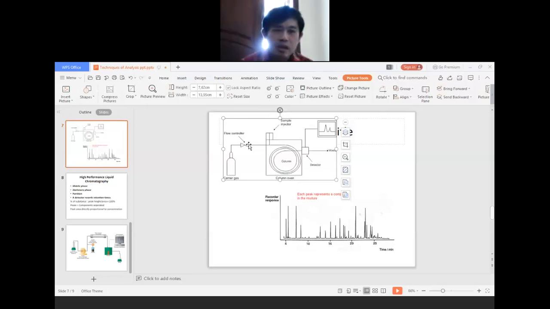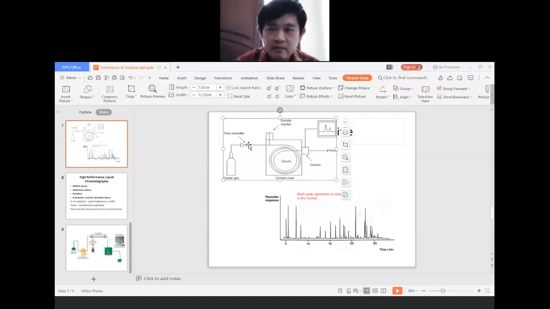For example, in drugs, in medicine, maybe in aspirin. How many percent of aspirin is in the specific medicine tablet?